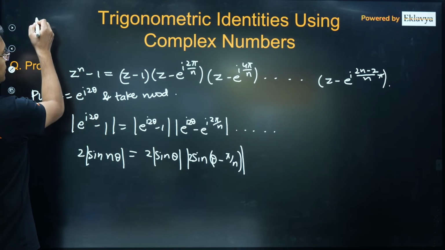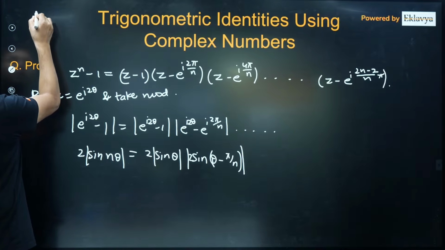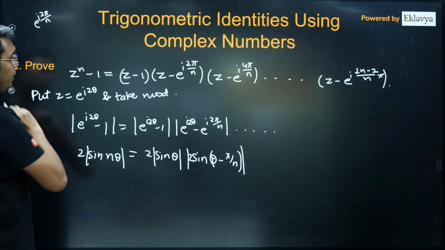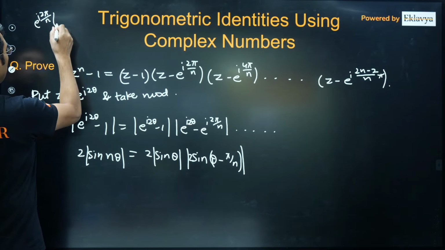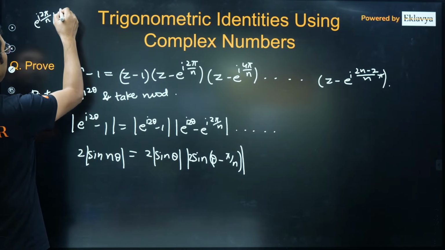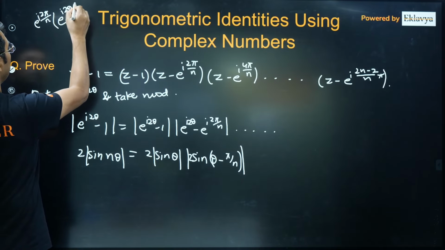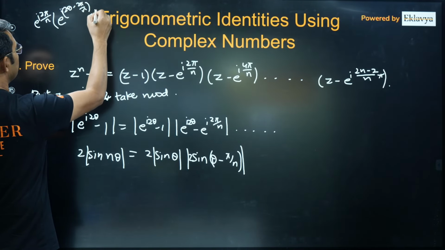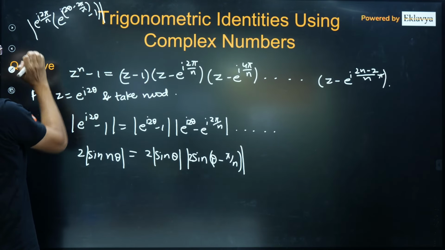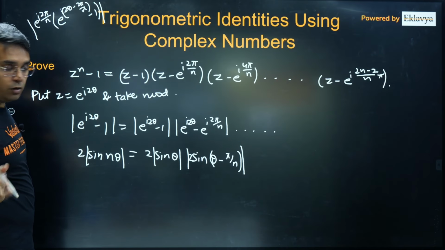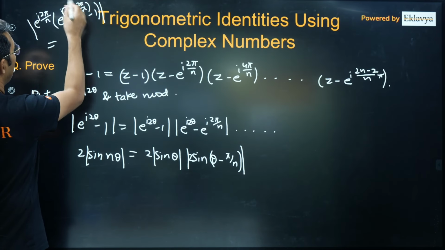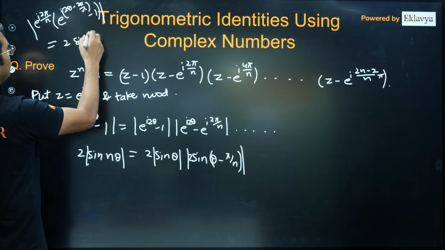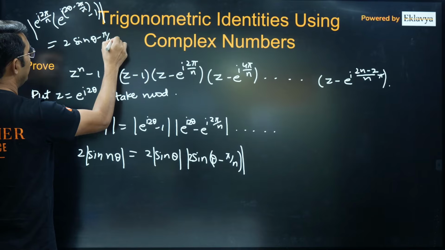If you write this after taking e power iota 2 pi by n common, your expression will be the mod of (e power iota (2 theta minus 2 pi by n) minus 1). The mod of the common factor will be 1 only. And the mod of this, as I have told you, will be 2 sine of the half angle, that is mod of sine (theta minus pi by n).